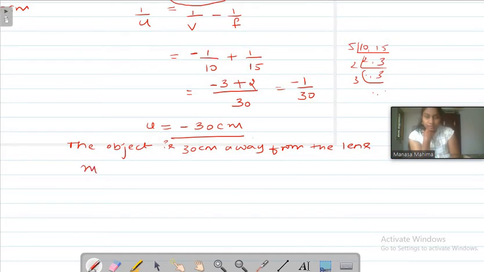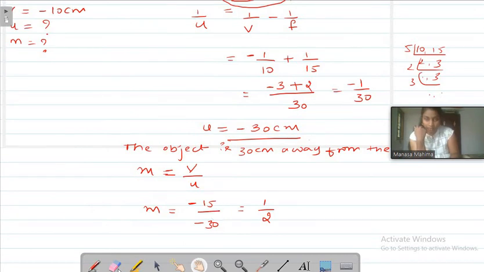We have to find the magnification. Since we know the u and v values, we can take the magnification formula in terms of v and u. So m is equal to v value, minus 10 by minus 30. It will be equal to 1 by 3.